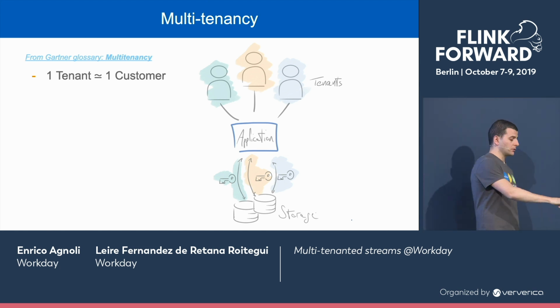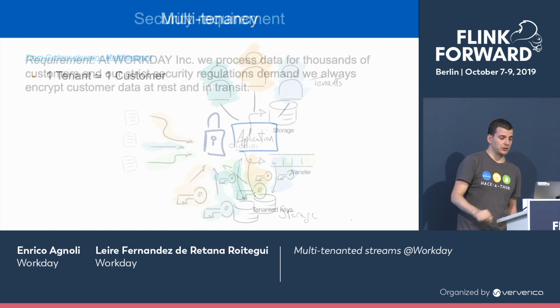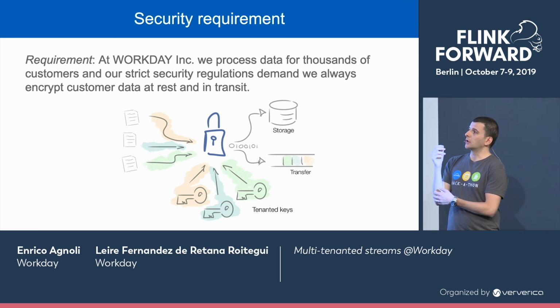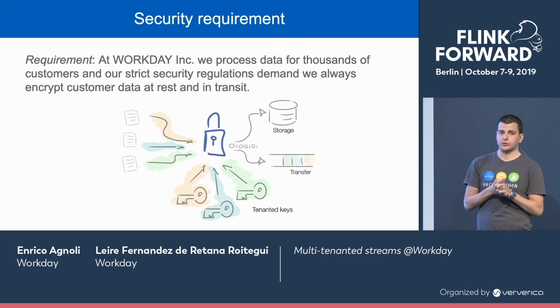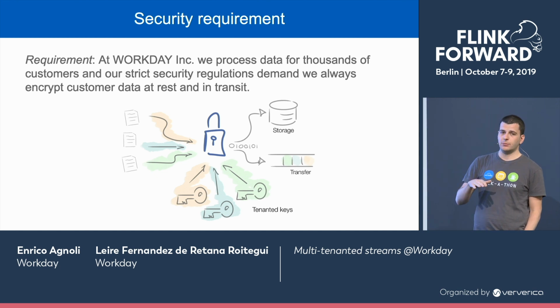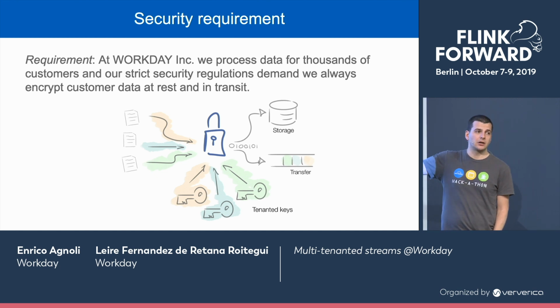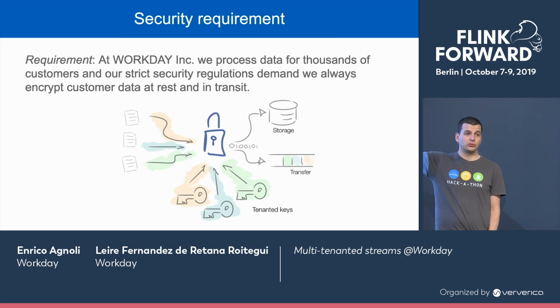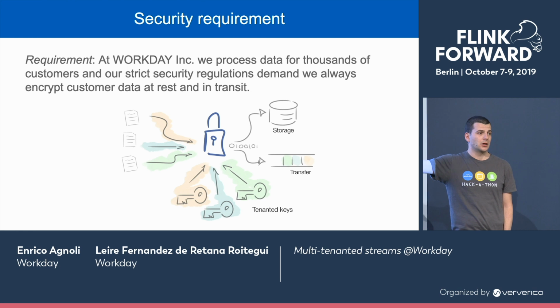These requirements, together with the second requirement that I'm going to show here about security, are sort of contradicting in Flink. Why? The security requirement says that at any point we cannot encrypt or store two pieces of data coming from two different tenants on the same file system or same transmission.